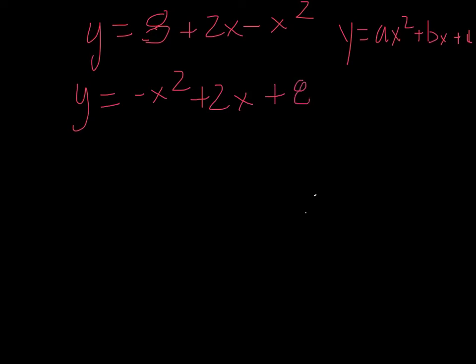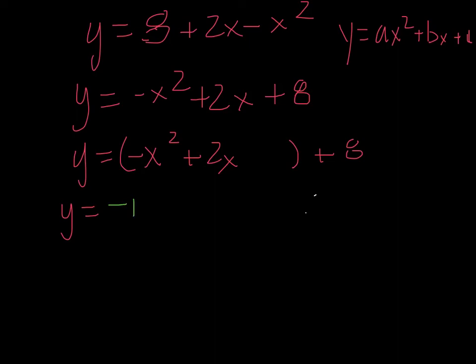Now that I have it in standard form, I can start completing the square. First step is to isolate the c. Then I'm going to factor out my a term, which in this problem is negative 1, so I have to factor out negative 1.